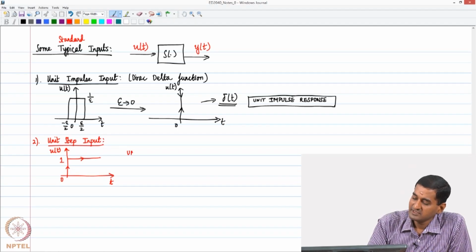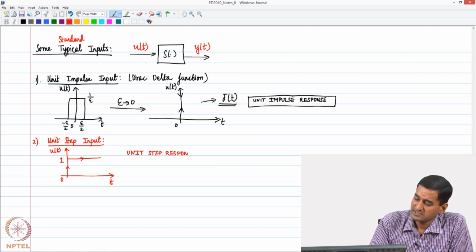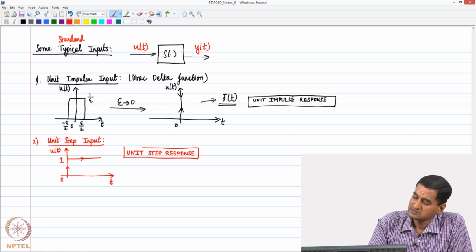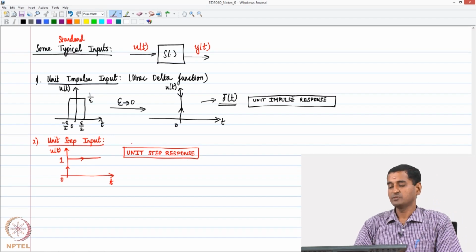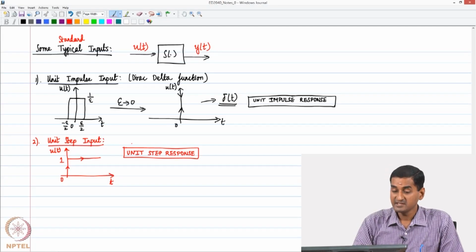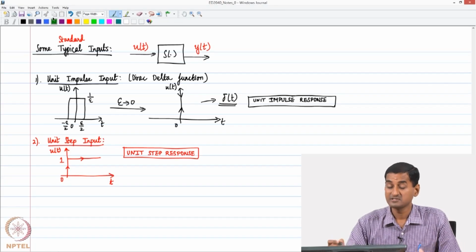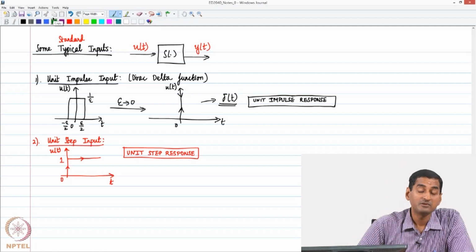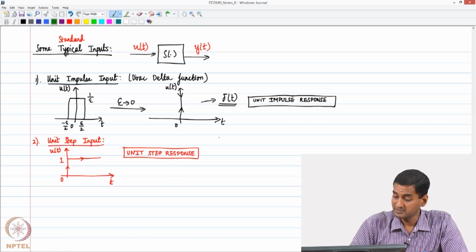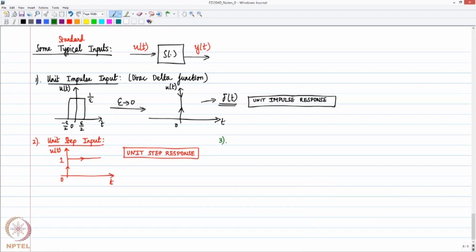The output that we get from this system is what is called a unit step response. So, that is the output of the system when we provide a step as the input. We see that the impulse response and the step response are going to be very valuable to us, as we are going to use them in a lot of analysis, right.